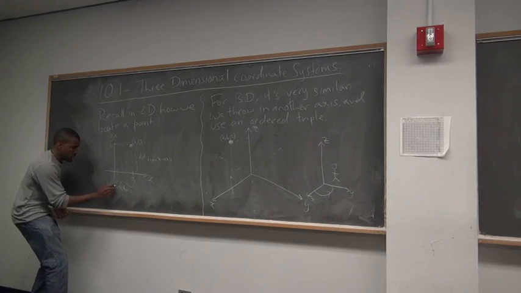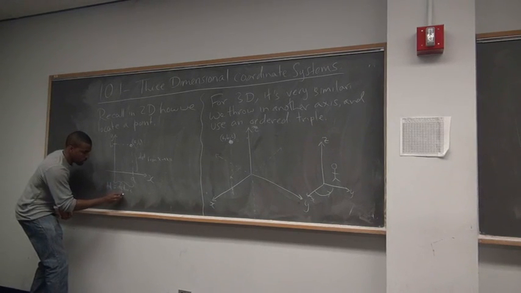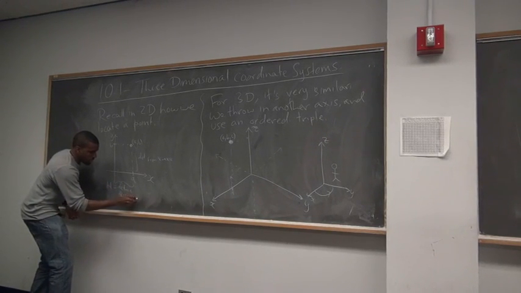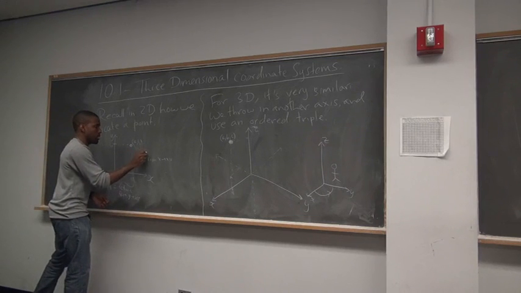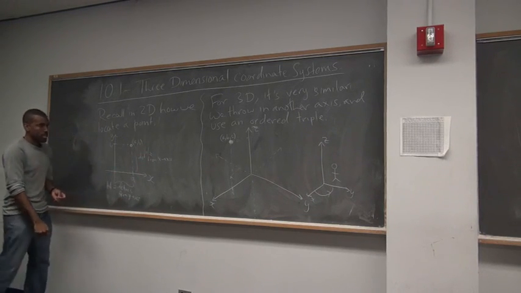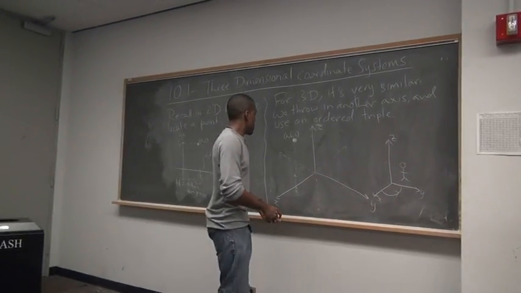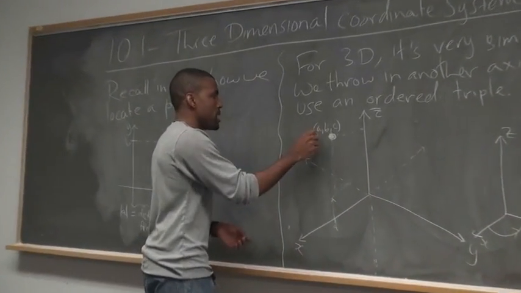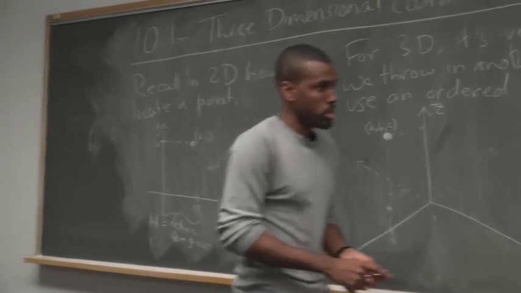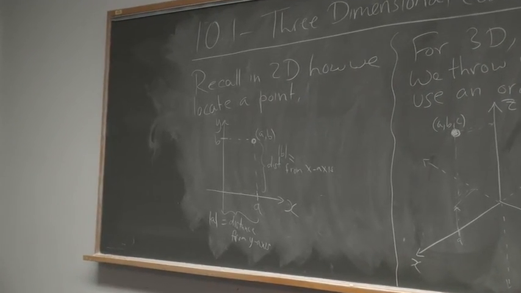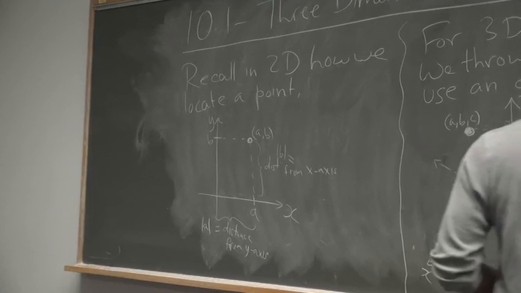So absolute value A would be the distance from the y-axis. Absolute value B would be the distance from the x-axis. A similar thing holds for the coordinate systems here, right? So you're in ABC, let me actually rewrite this.